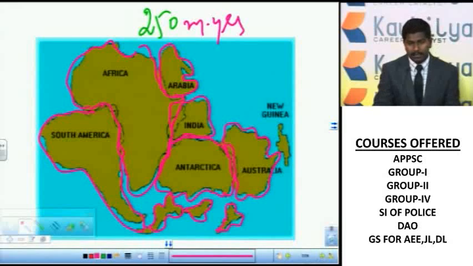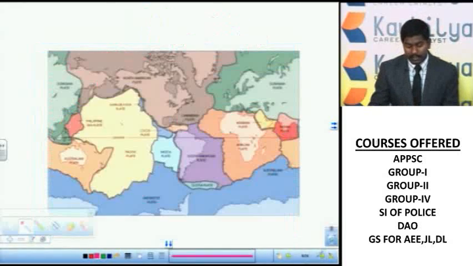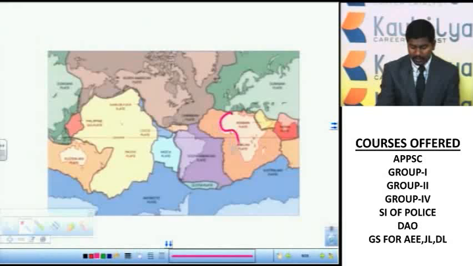Means when this landmass was broken into different pieces, these pieces came into being as separate continents. Here it is the Africa continent today, over the African plate, and here it is the South America continent, and the North America continent.